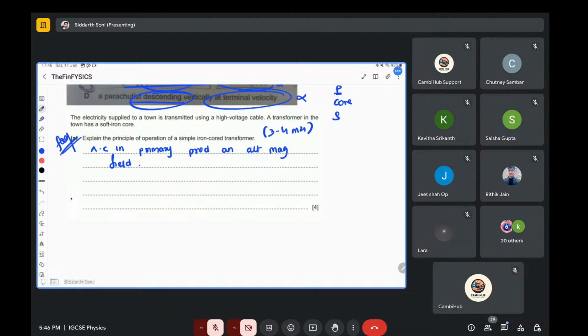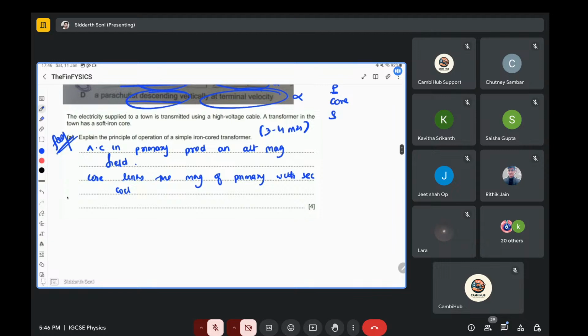Now, to make it more efficient, we have a core. What the core does is link the magnetic field of the primary with the secondary coil. And this is what happens at the secondary coil.